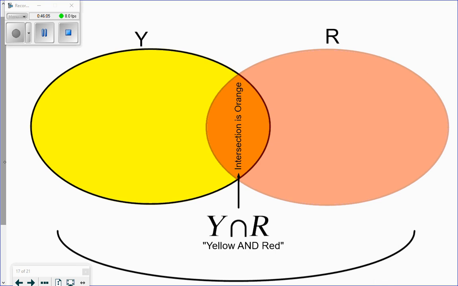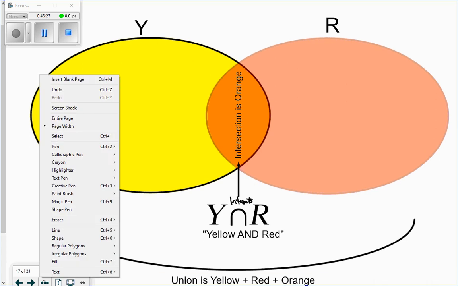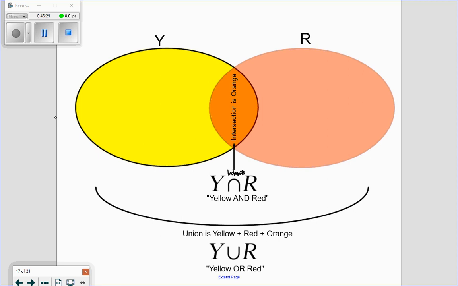The mathematical symbol is yellow intersects red, or in other words, yellow and red. So if you see the word and, it means intersect. Or is union. Union is the yellow plus the red plus the orange.